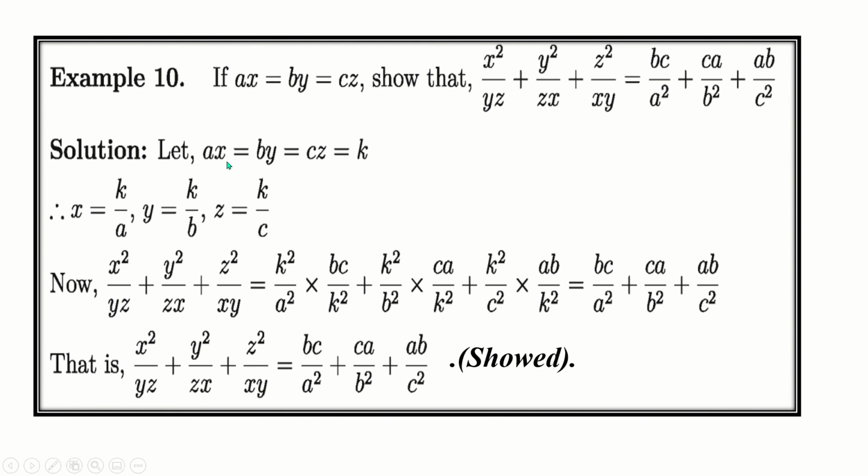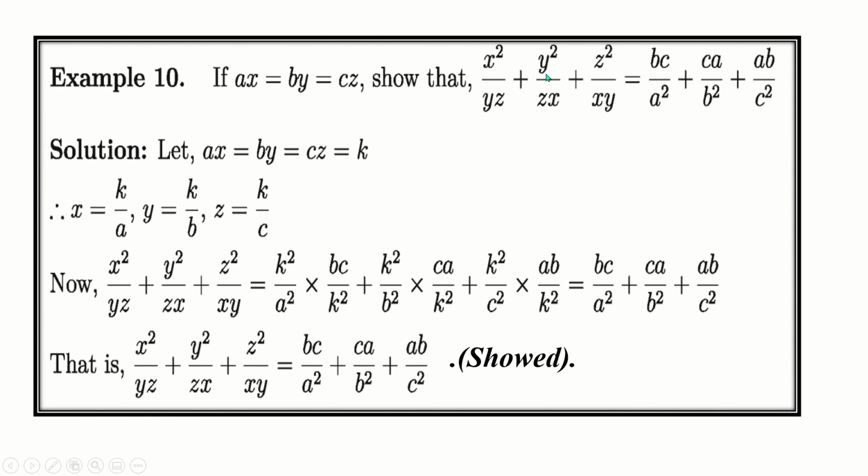As a result, from here we can write ax equal to k, by equal to k, cz equal to k. So x is equal to k by a, y is equal to k by b, and z is equal to k by c. Now putting the values of x, y, z in the left side of the given condition, we have to prove this.